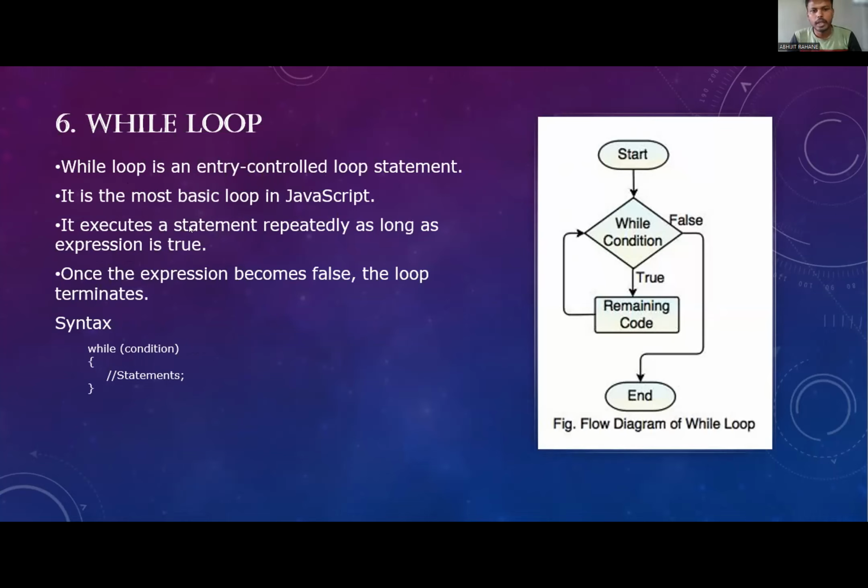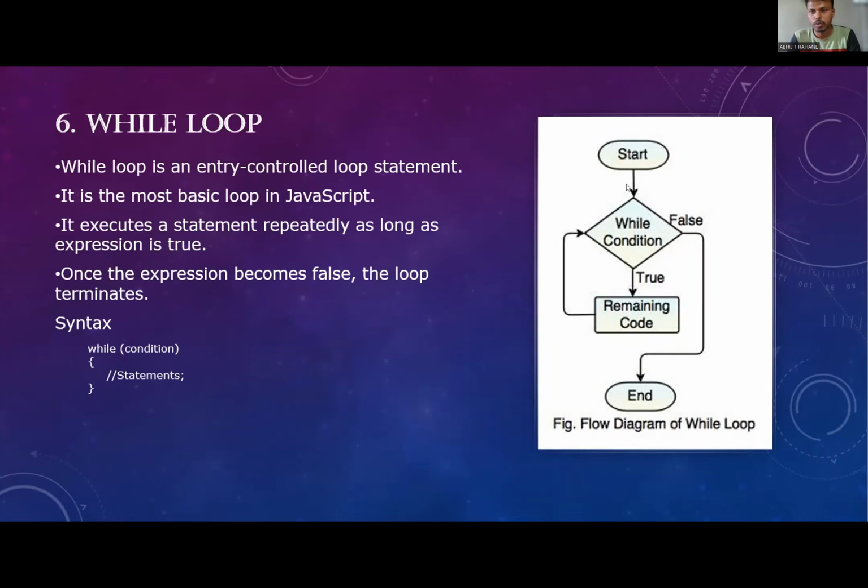To stop the while loop, we put a condition here. If no condition is given, it will be an infinite loop. Once the expression becomes false, the loop is terminated. Otherwise, it will keep running.